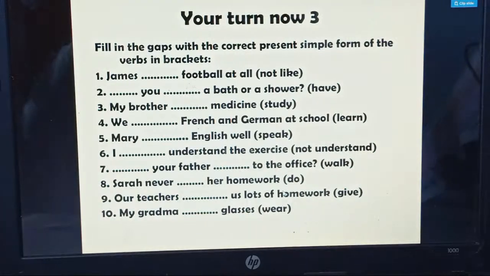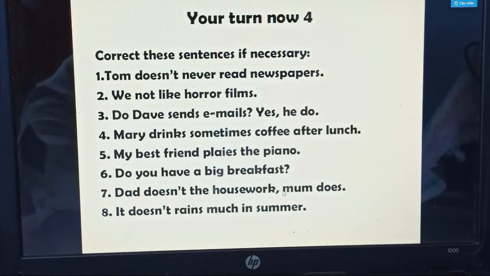This is an exercise for you and a homework. Once the live is over, pause the video, try to look at the questions and answer them, and post it in the comment box. Here we'll try to understand these things.